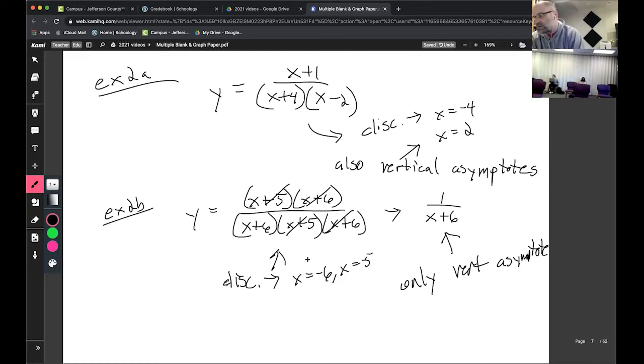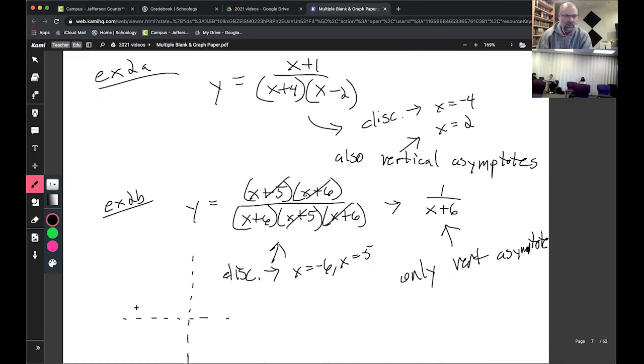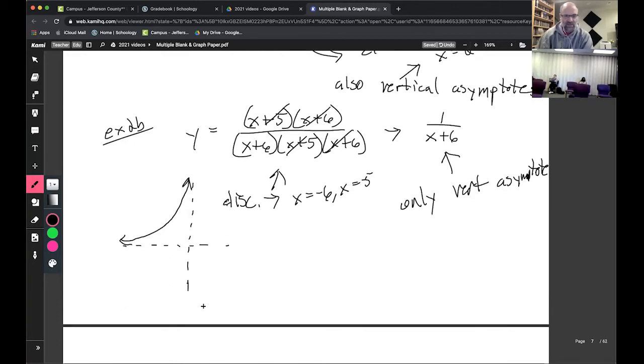So the graph of a rational function has at most one horizontal asymptote. Vertical asymptote is this, where a graph would approach, never quite get to, and you can have that horizontally as well.